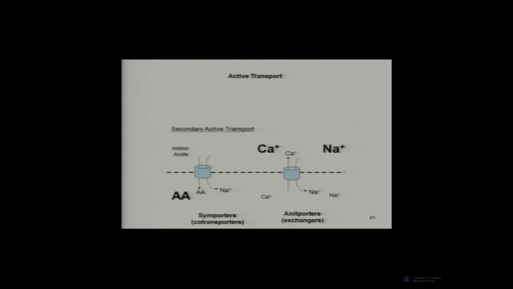Okay? So secondary active transport, there's always at least two substances moving. One is like the helper substance, like sodium, and the other is the actual substance of transport. All right? So examples.